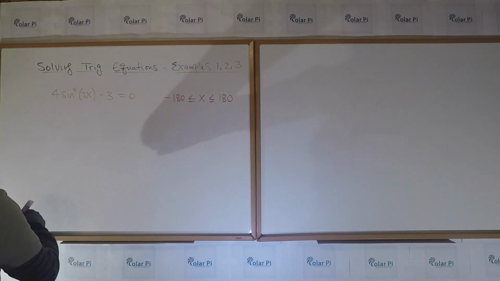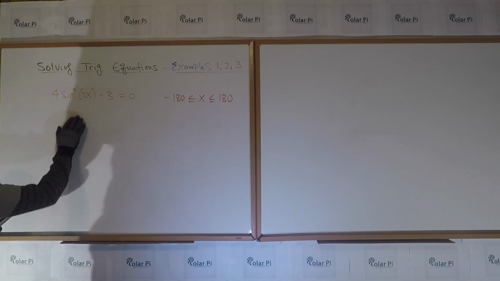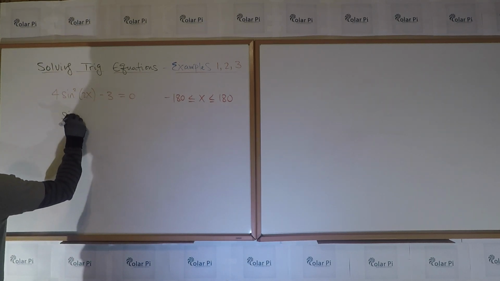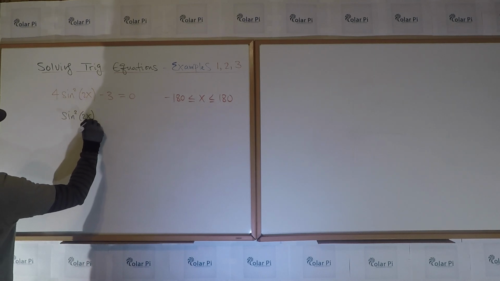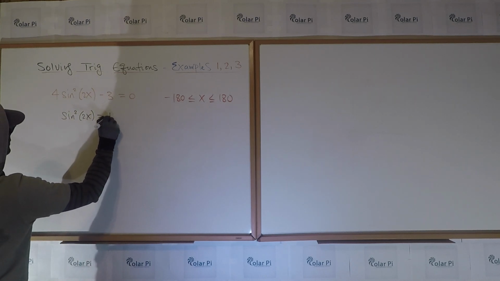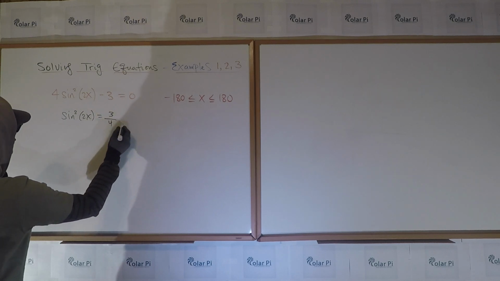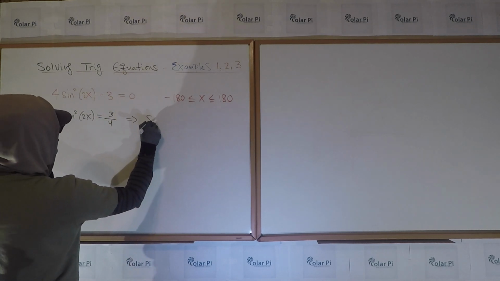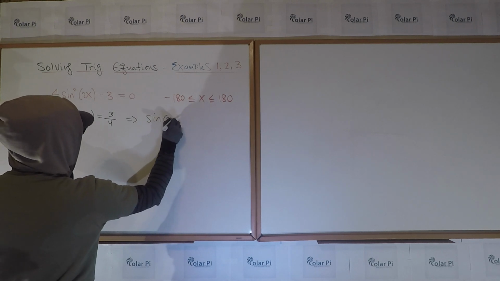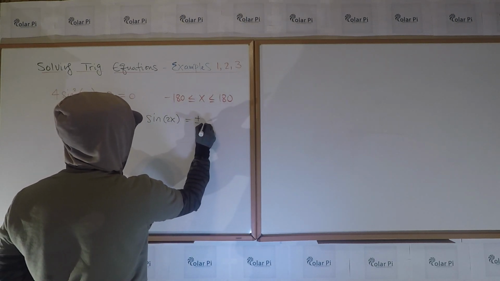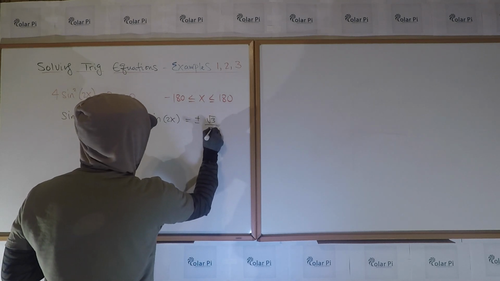Okay, since we've done a similar equation with just cosine squared x, we could do the first part a bit quicker, which is you can all get to this. Well, first 3 over 4, and then from here sine 2x, important here, it's 2x not x, equals plus or minus root 3 over 2.